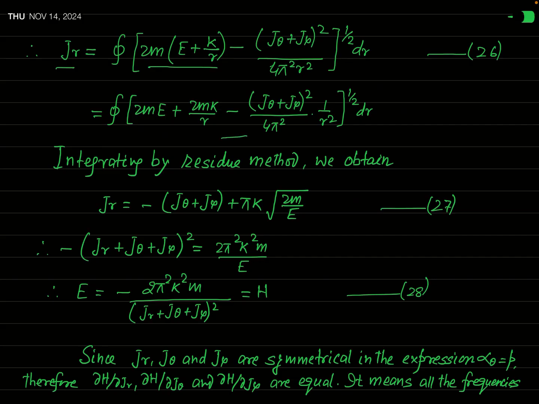You can write this expression in this manner. Actually, this integral is evaluated by the residue method. If you have no idea of integration by the residue method, you can watch my videos in the playlist Mathematical Physics, Calculus of Residue. I have provided several videos on it.